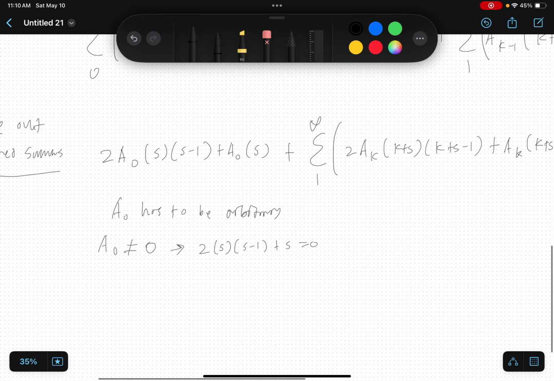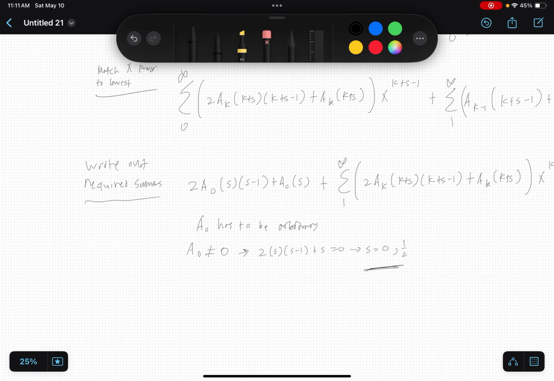So s has to equal 0 or, what would it be? 1/2? Yeah, it is 1/2. S has to equal 0 or 1/2. So those are our two solutions for s. But okay.